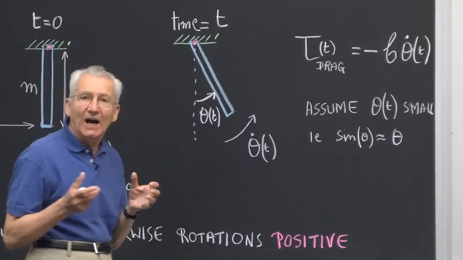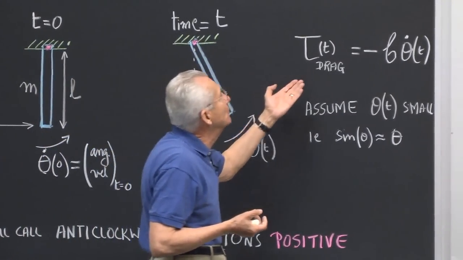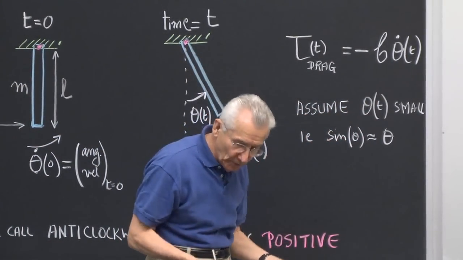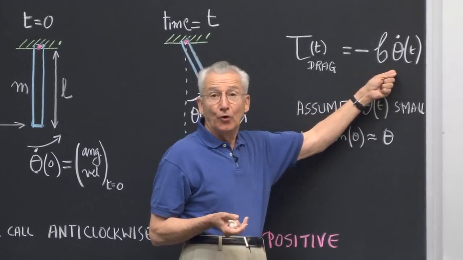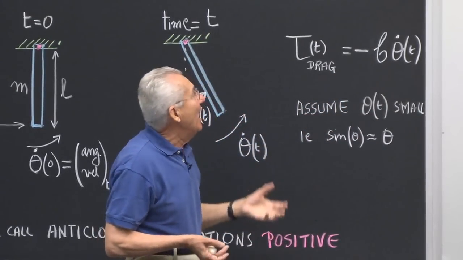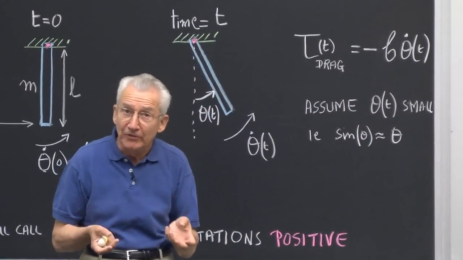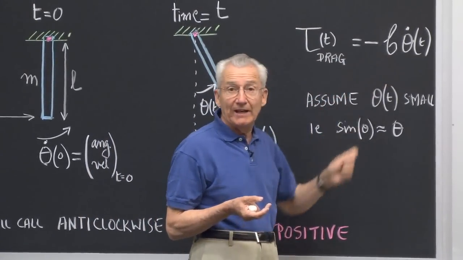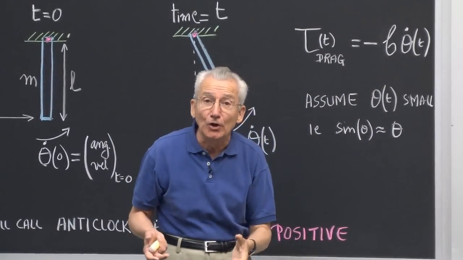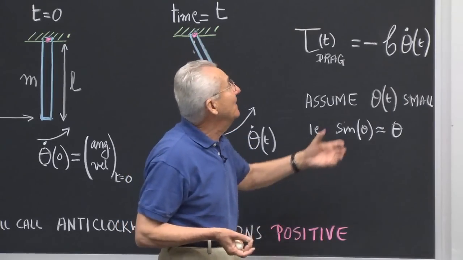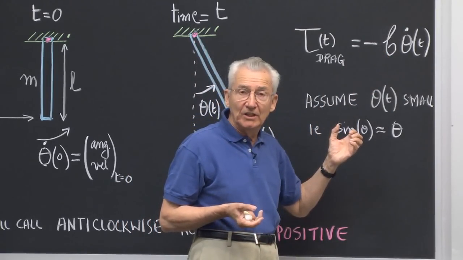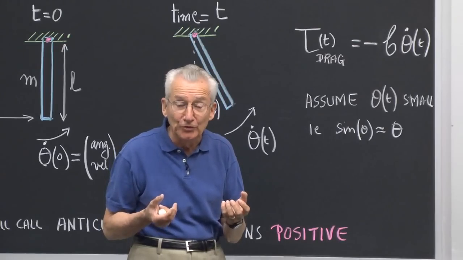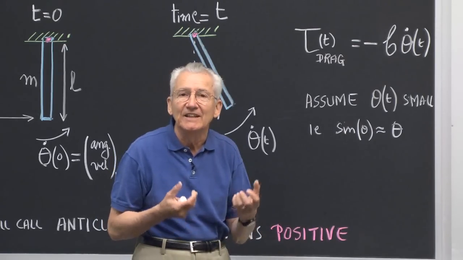Now, you may well ask, why did I assume this is the case? Is that because in nature it's normally like that? No. The reason why I chose this form is very simple. I know from experience that if I use this drag force, I can analytically solve my equations. If I take a more realistic version of the force, then the final solutions I'm going to get are not analytically soluble.